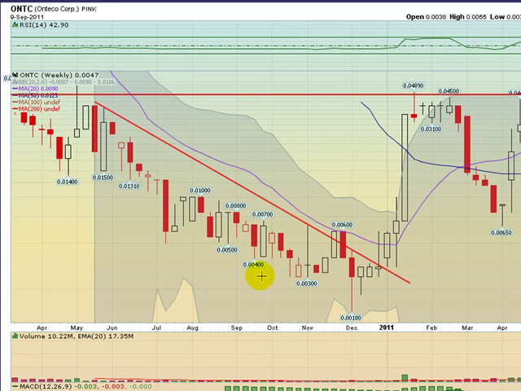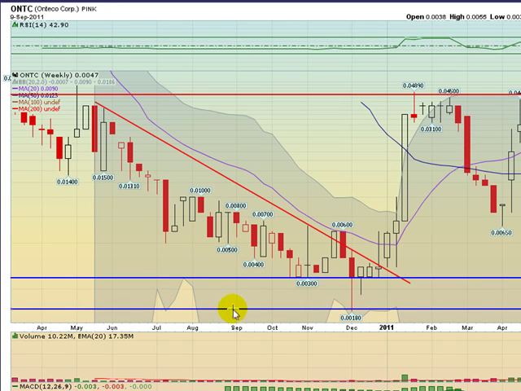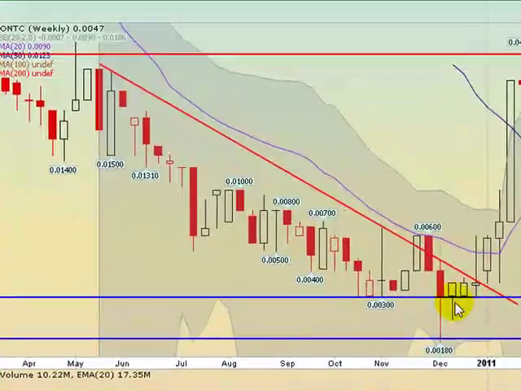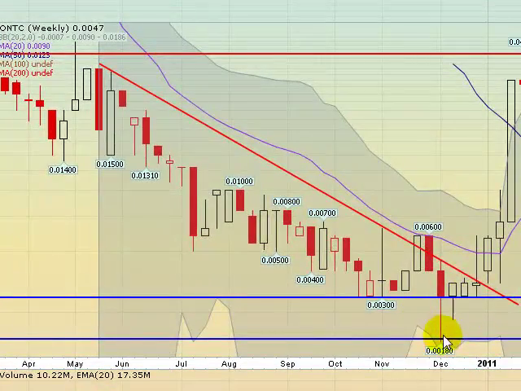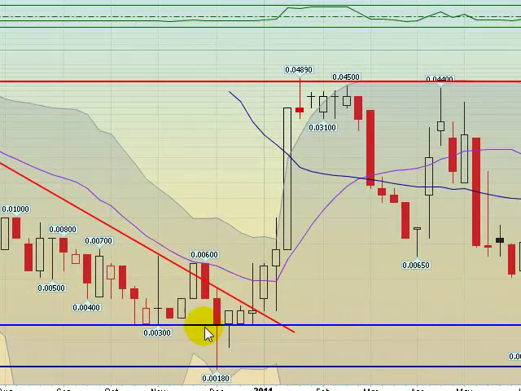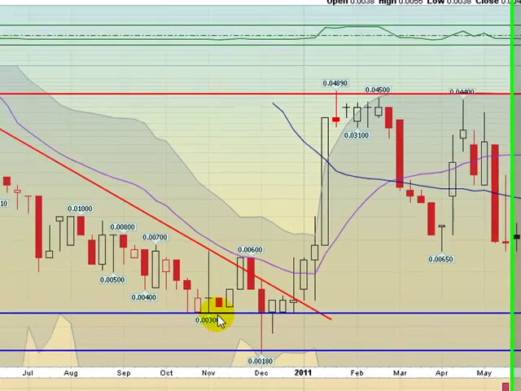Notice we tested this 3 cent area quite a bit and held it. We also had a brief dip here down to 0.0018, so we're going to put another support down in here, and we're basically going to call this a support area because you can see we had a lot of low points between 0.003 and 0.0018.